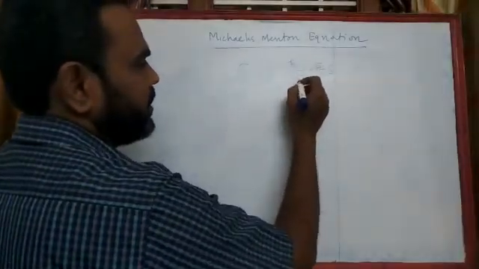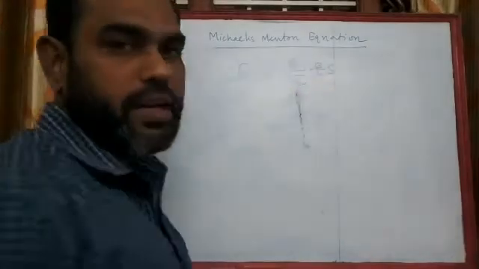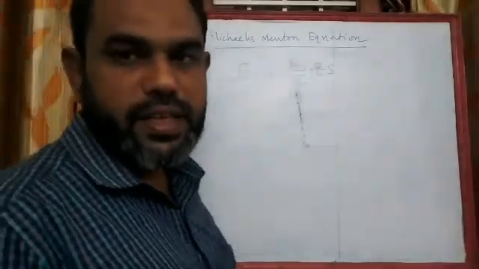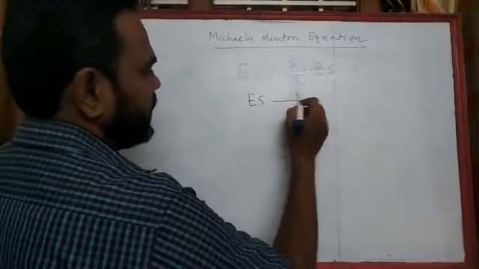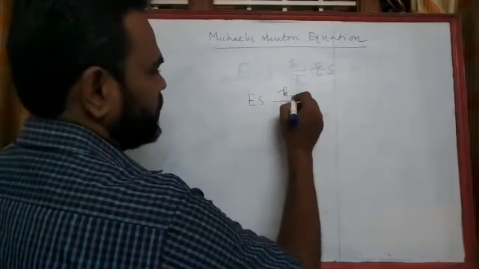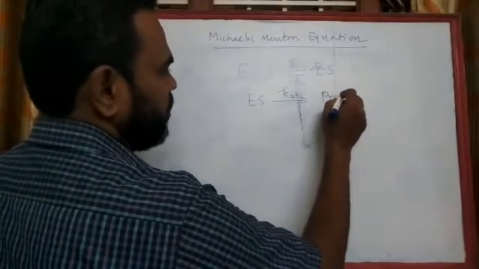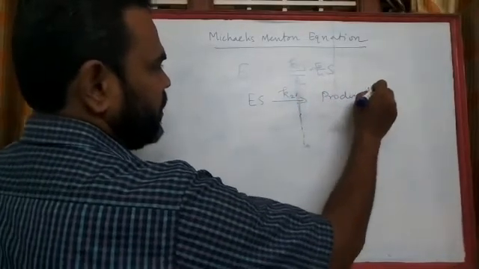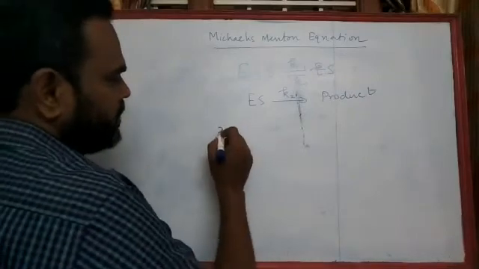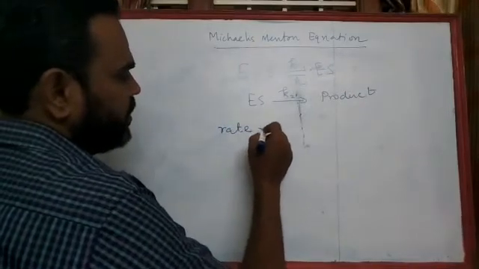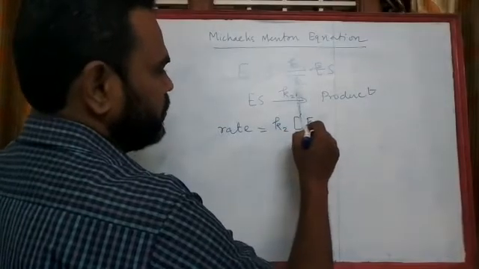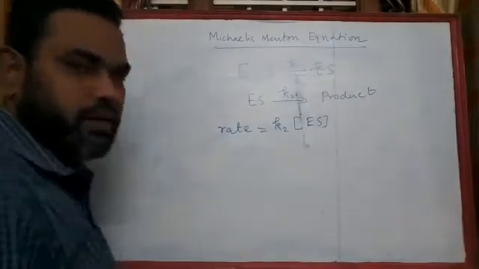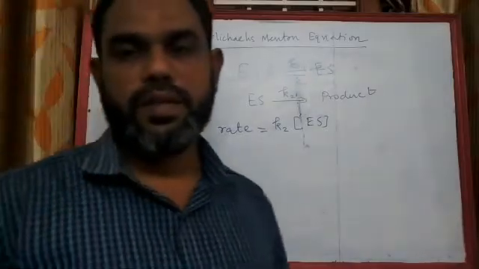The forward reaction rate constant is K1 and the reverse reaction rate constant is K2. In the second step the complex decomposes to give the product. The rate of the reaction is equal to K2 into ES, K2 into the enzyme substrate complex.